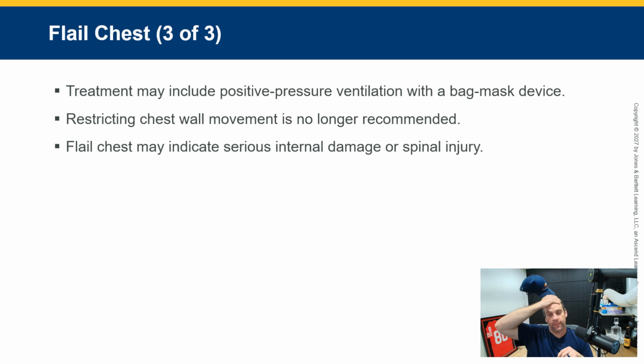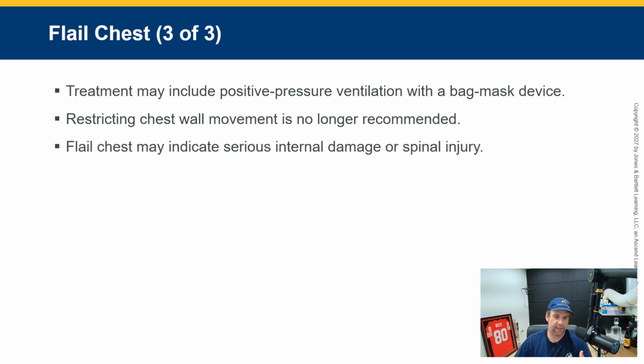Now, when the patient's breathing has become inadequate enough where their oxygenation has failed or is on the decline, that's when you might need to assist with positive pressure ventilations using a bag valve mask, right? The reasons why you use a BVM: the patient has shallow ventilations, poor chest rise and fall, or they're breathing too fast or too slow.